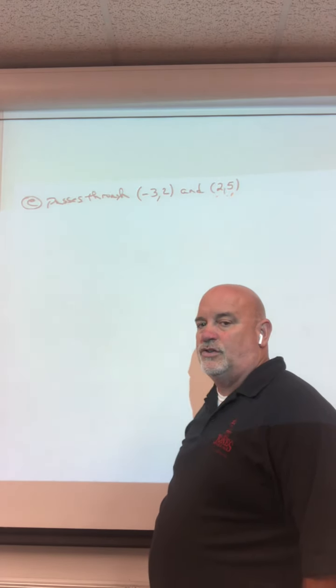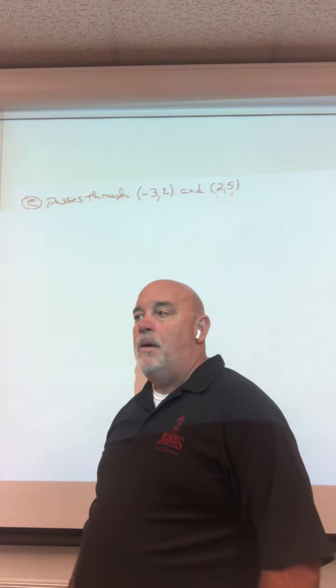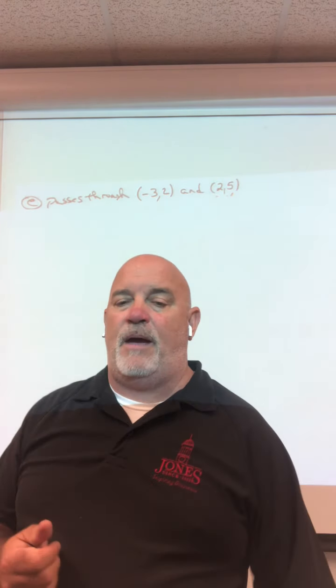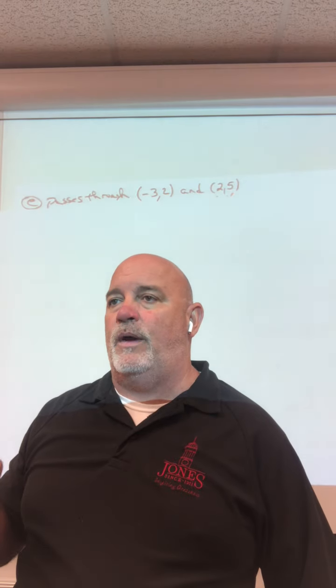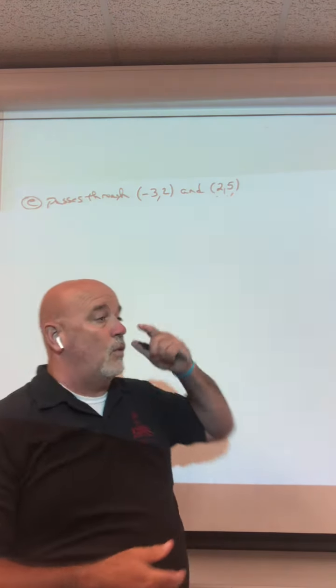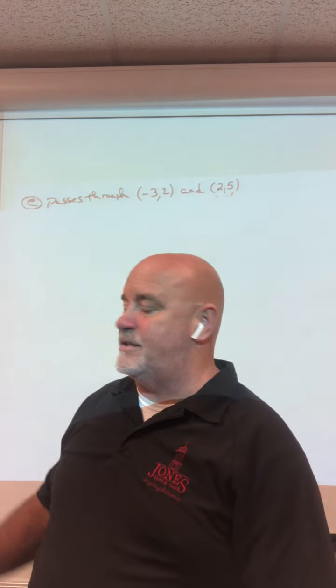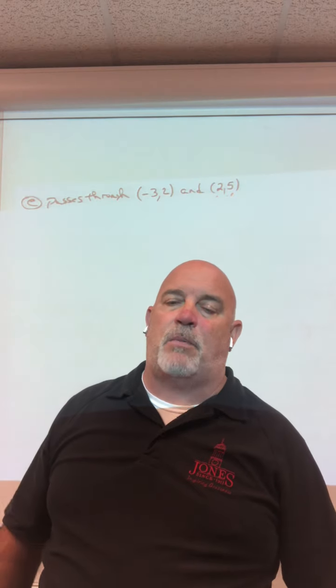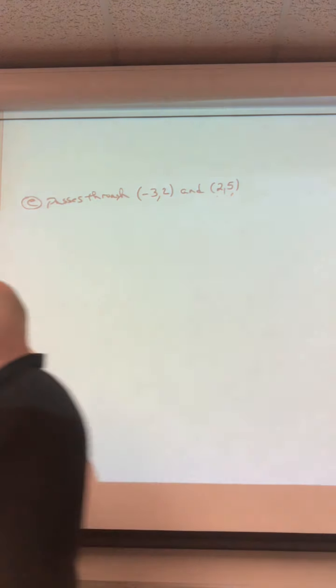Well, I don't know the slope. I'm not told the slope. But we're given 2 ordered pairs. Well, now think, have we at any point ever found the slope of a line when we know 2 ordered pairs? Yes. If you look back at the end of the very last problem we did, video, in section 3.4, we did that.